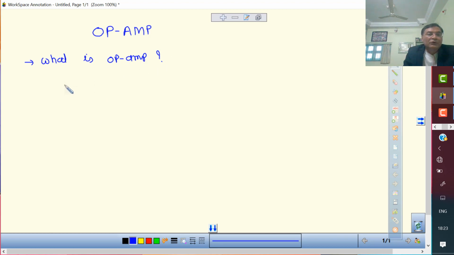Op-amp full form is operational amplifier, in short you can write op-amp.